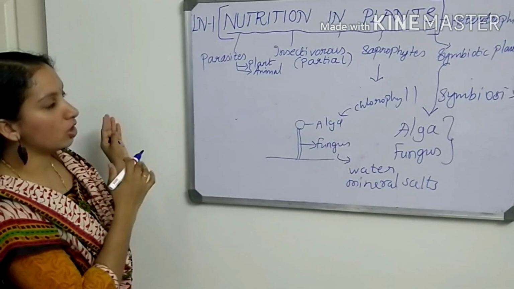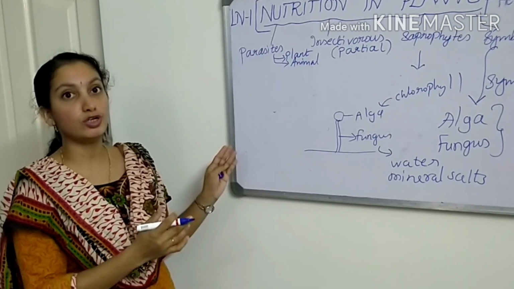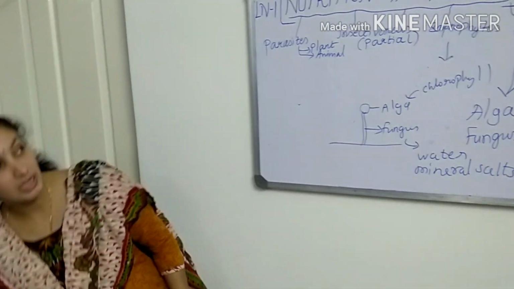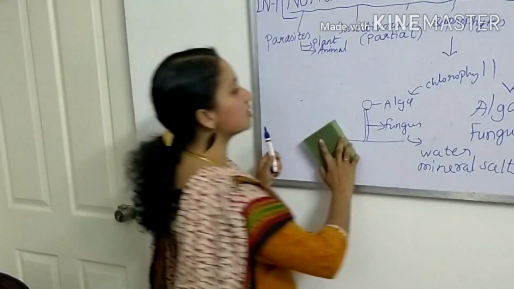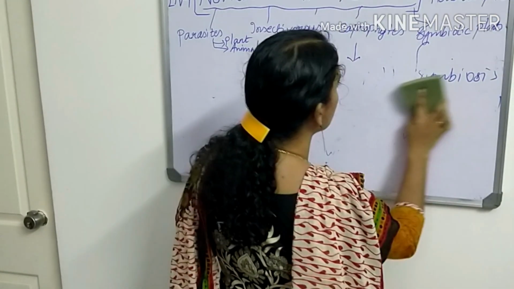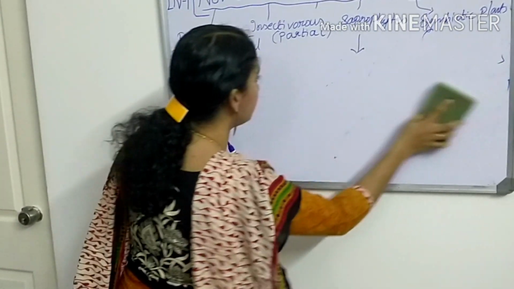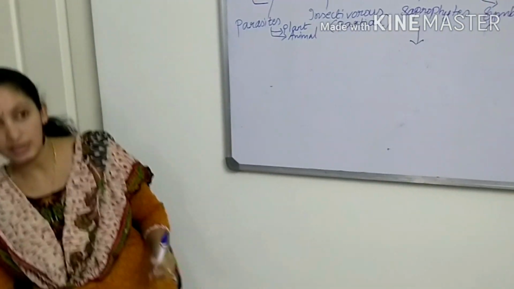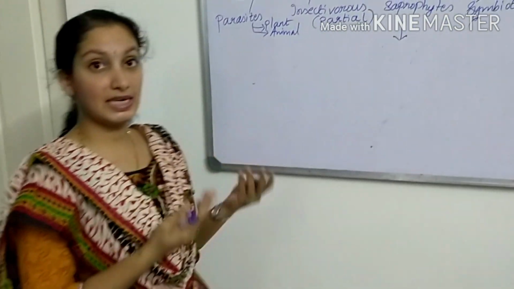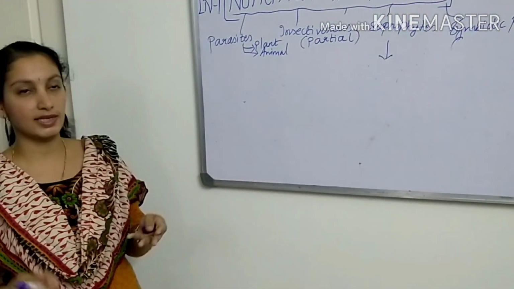So we have finished all the 4 types of heterotrophic mode of nutrition. Only one topic is left in this lesson, that is how the soil can be replenished. The replenishing means how can we give nutrients to the soil which is lost in that soil.